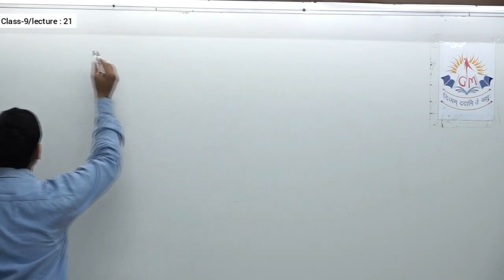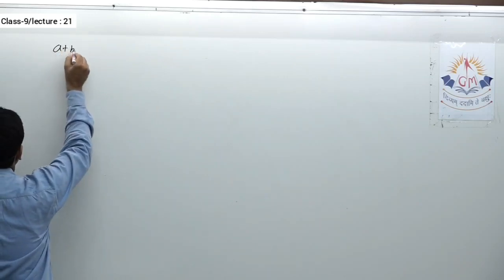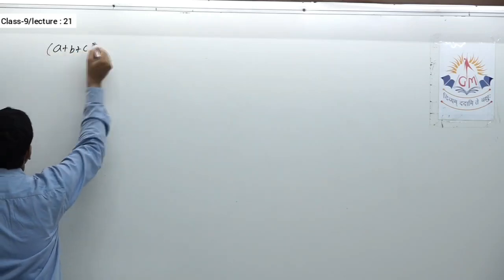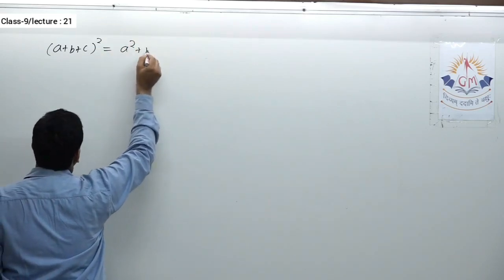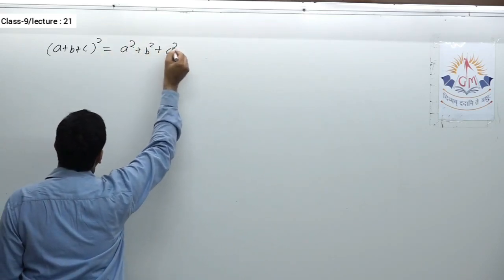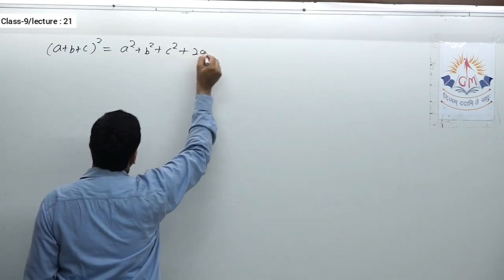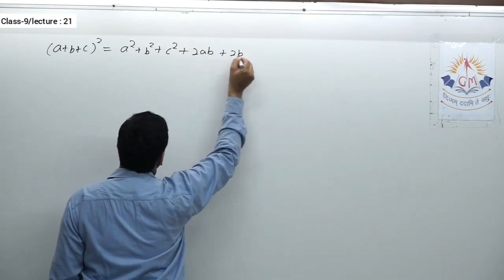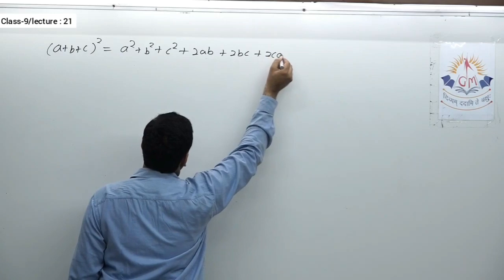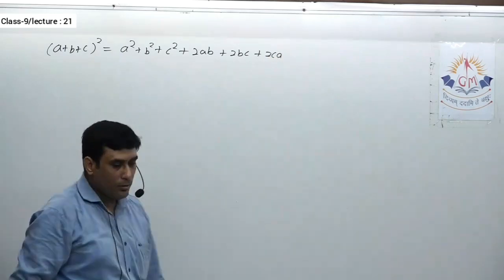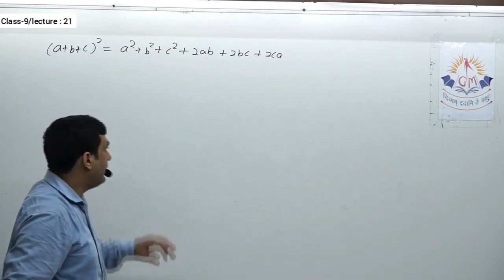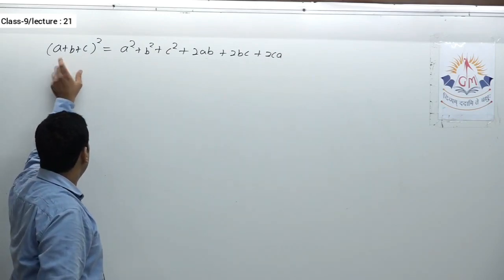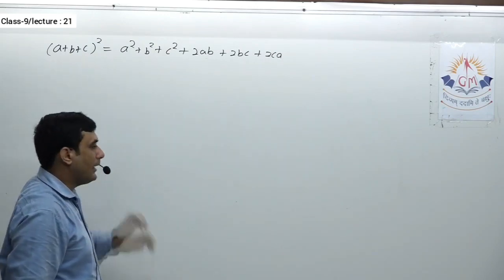So the identity is (a plus b plus c) whole square is equal to a square plus b square plus c square plus 2ab plus 2bc plus 2ca. We also discussed some variations of this identity based on these signs.